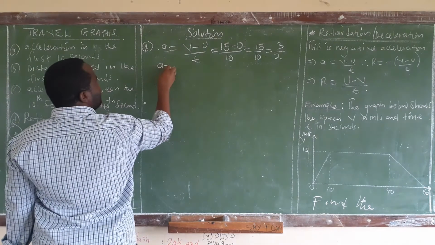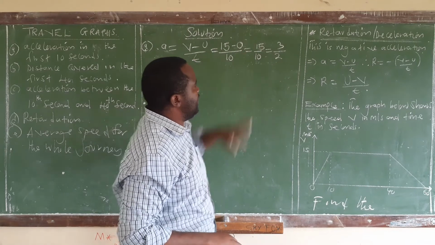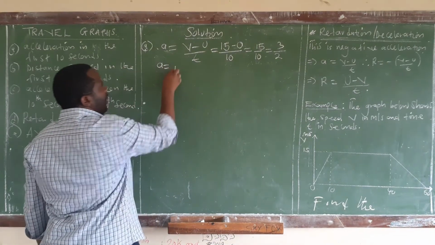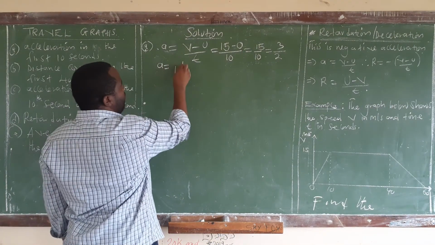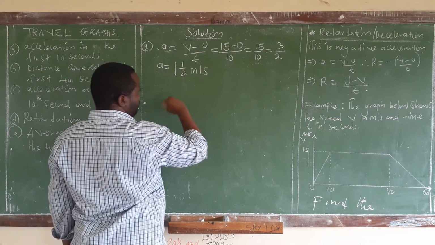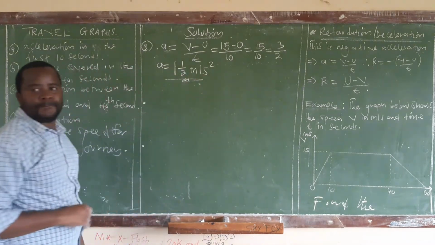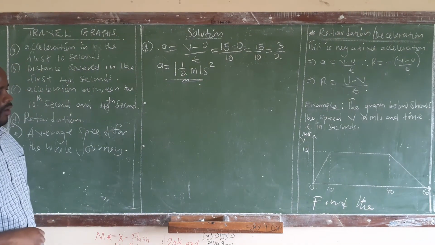So since this is an improper fraction, we can still divide it. So 2 into 3 is 1, remainder 1, so 1 and 1 over 2 meters per square second. That is our acceleration.